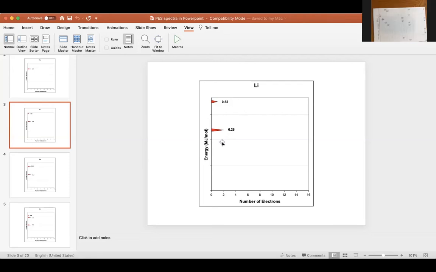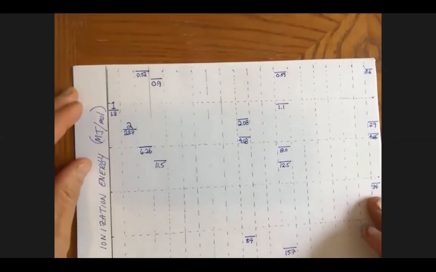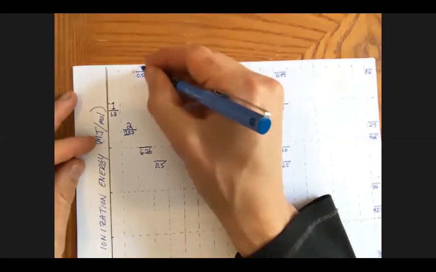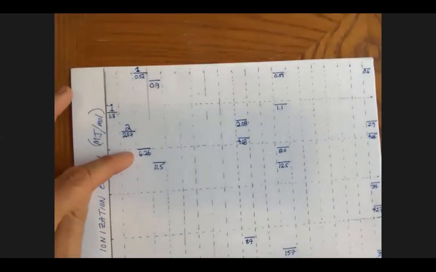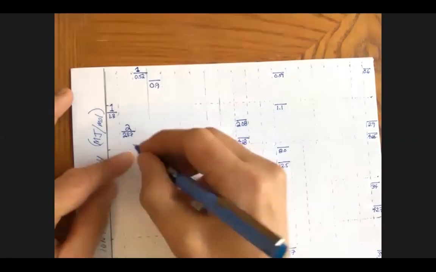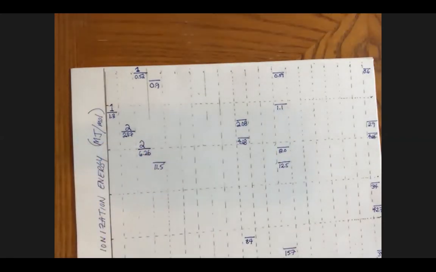So let's put those on our graph. At 0.52, there's 1 electron, and at 6.26, there are 2 electrons. So I went from 1 electron to 2 electrons. Then 1 plus 2 makes 3.